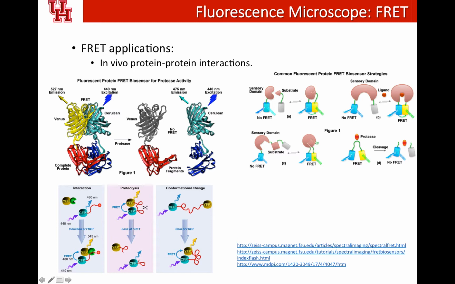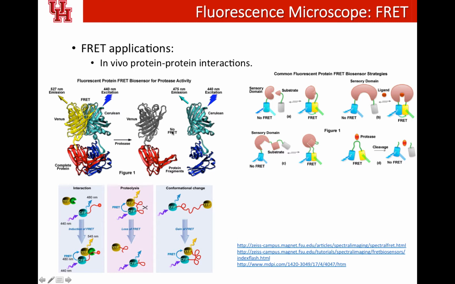Before they bind, they are really far away. So when you shine 440 nanometer light, you will get 475 re-emission from this fluorescent protein.